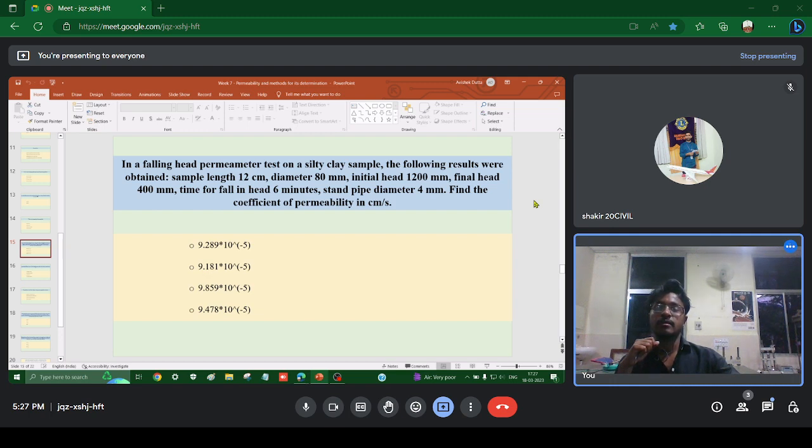Sample length is 12 centimeter, diameter is 80 millimeter, initial head was 1200 millimeter, final head was 400 millimeter, time for fall in head was 6 minutes, and the standpipe diameter was 4 millimeter. Find the coefficient of permeability in centimeter per second.